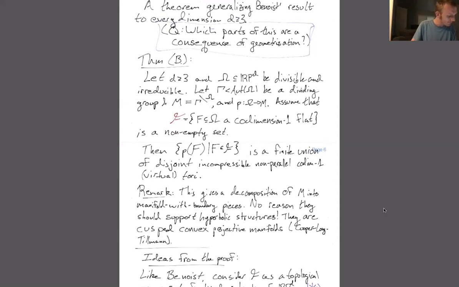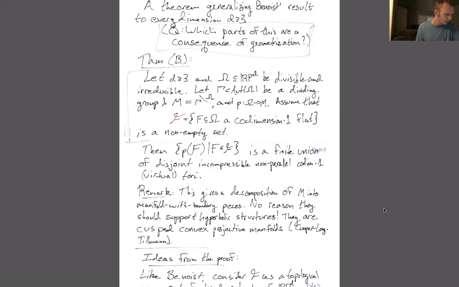So the theorem is the following, which is a generalization of Benoist's theorem. And so this is the part, these are the assumptions, just to be clear, and then the results begin after that.